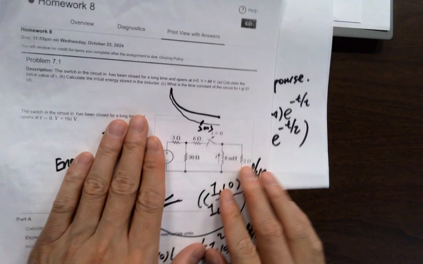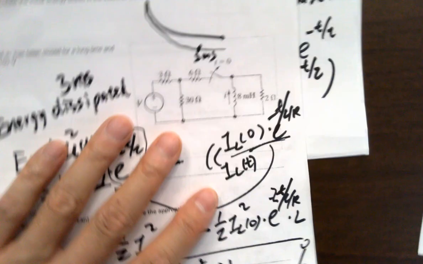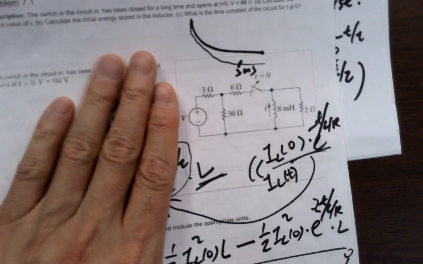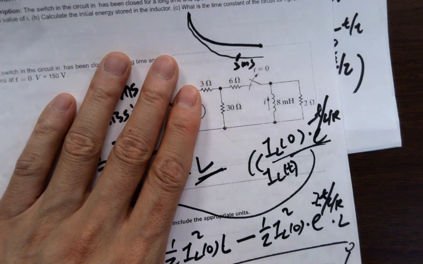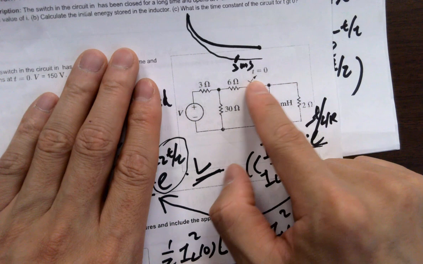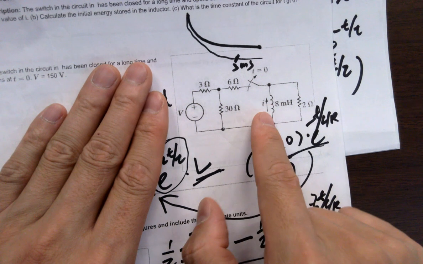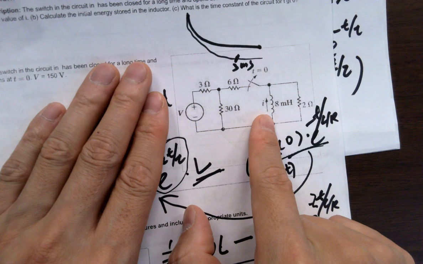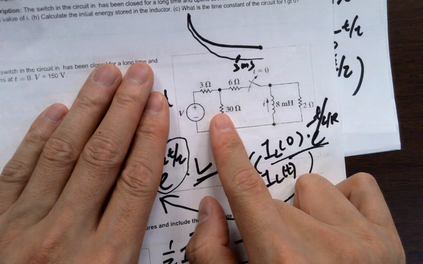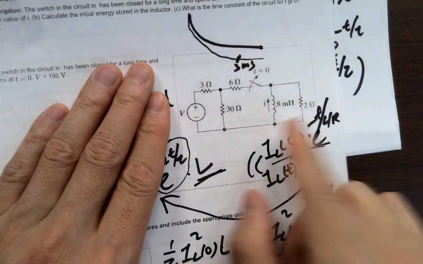Okay, for example, this guy. When the switch is closed, it's charging up this inductor, and eventually this becomes a conductor over time, after 100 years. So it's just a wire.